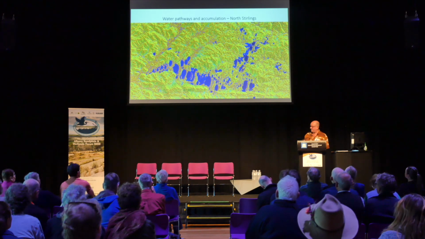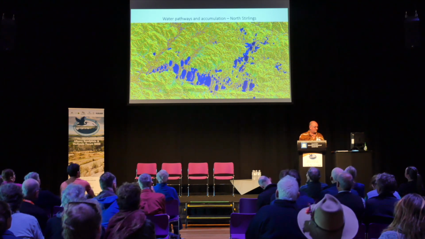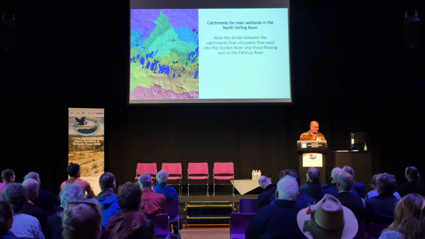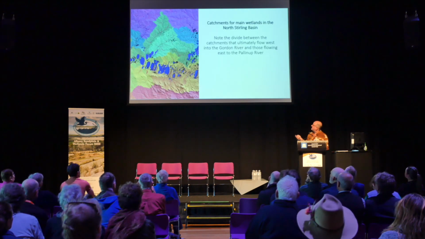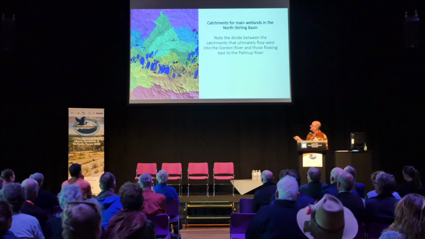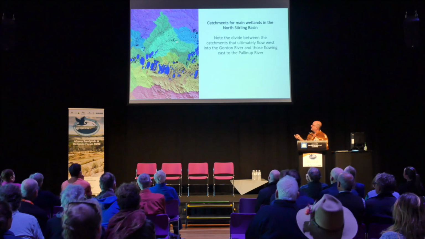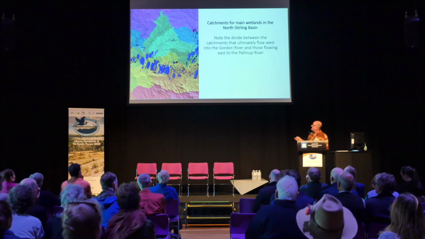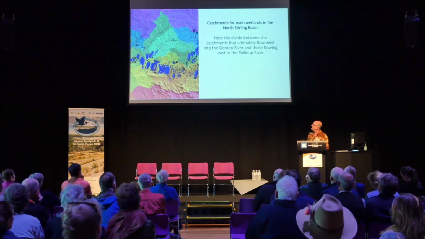So in the North Stirlings, on the next slide, there's the catchments. This shows the watersheds attached to the different lakes, with the catchments here flowing to the east, and the ones on this side flowing out to the west.